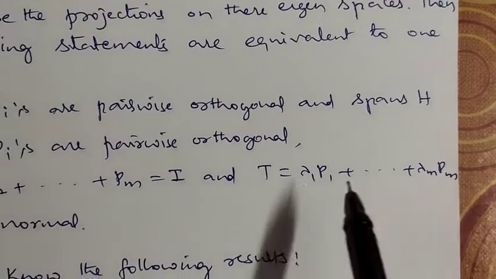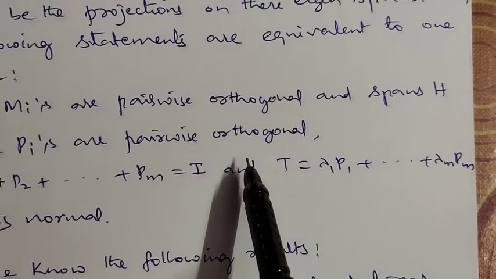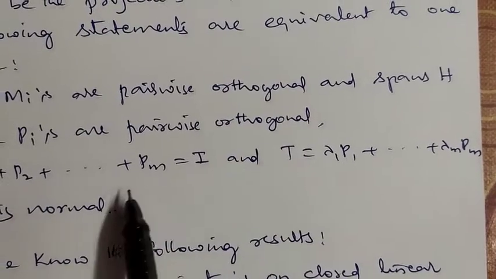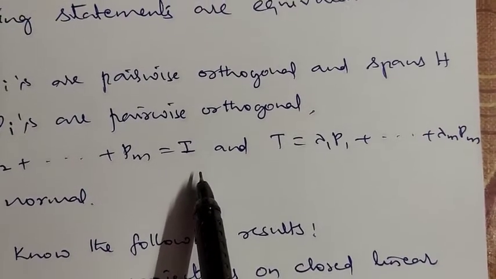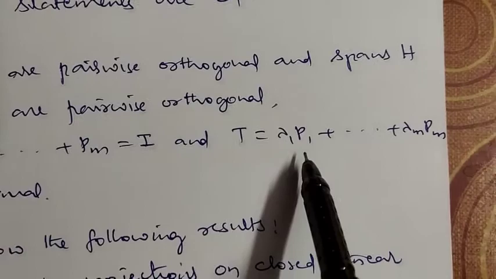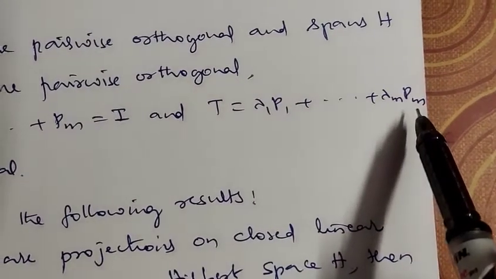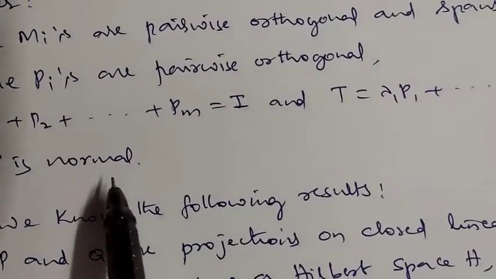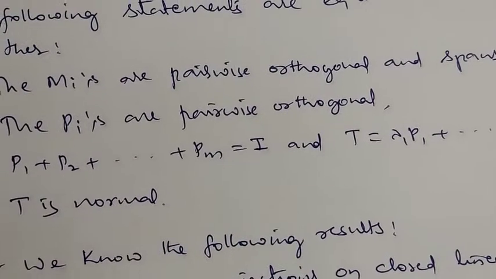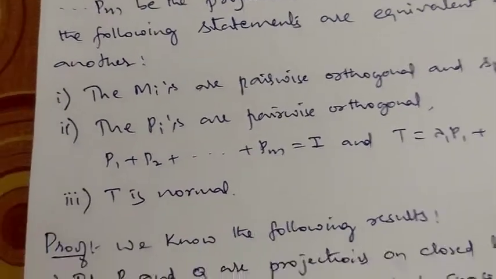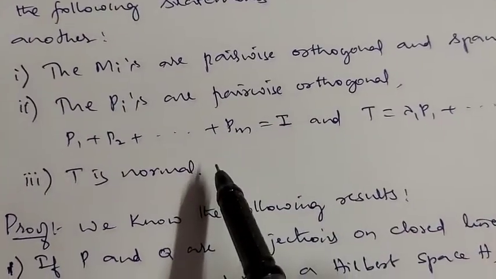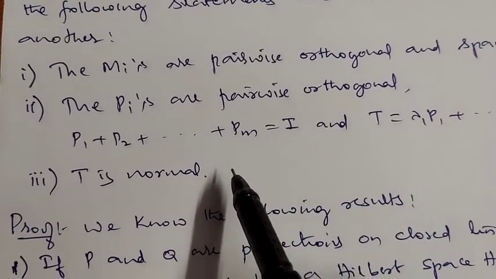So the second says the projections are pairwise orthogonal, the sum of these projections gives the identity, and T is a linear combination of these projections. The third one is: T is a normal operator. So we need to show these three statements are equivalent to one another.